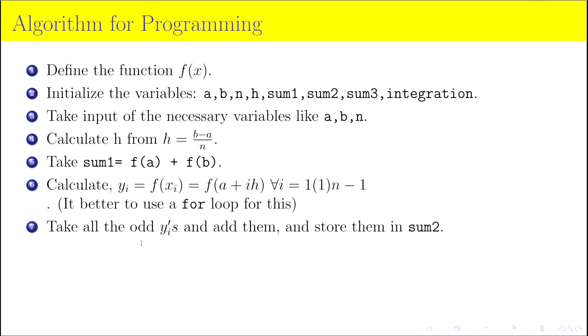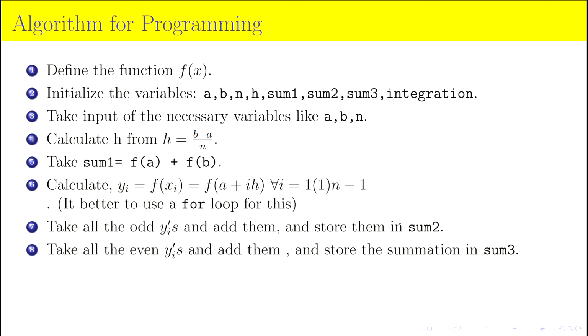It has to be kept in mind that we find all the odd yi's and store their sum in sum2. After that, we find all the even yi's and sum them in sum3. Okay, so now we have sum1, sum2 and sum3. What is sum1? Sum1 is the sum of the first and the last arguments.